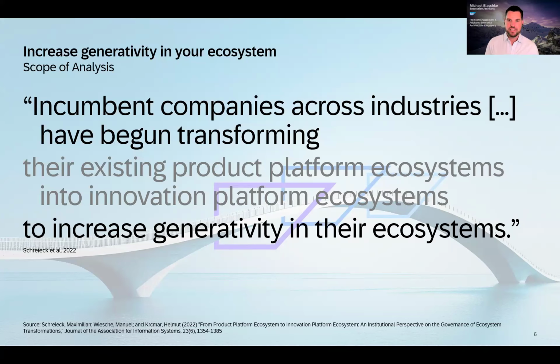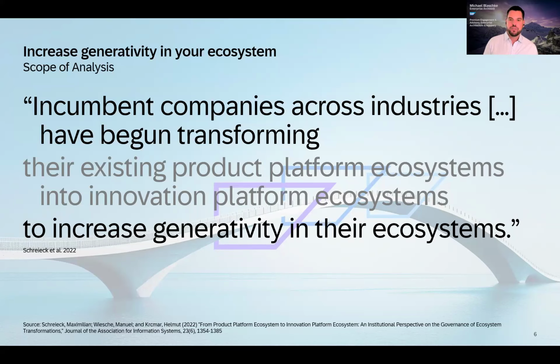This, again, isn't theoretical. Companies across all industries like your organizations are very likely already transforming their platforms using enterprise architecture capabilities to unlock the ultimate goal here, that is generativity and competitive advantage. So companies are transforming to increase generativity, the ability of their ecosystems to produce unexpected innovations through partner collaboration.